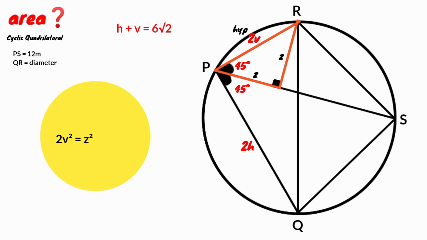Take the square root of both sides of the equation. Here square root of z squared is z, while here square root of 2v squared is v root 2. So z equals v root 2. Substitute it here.